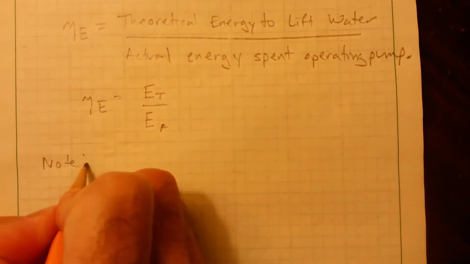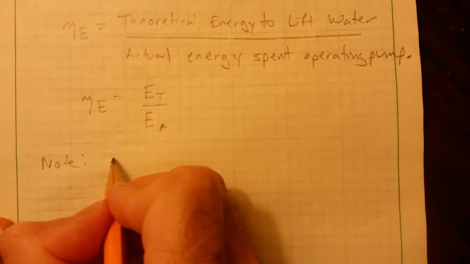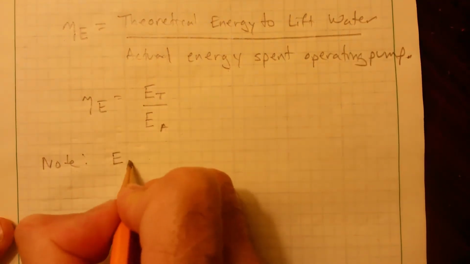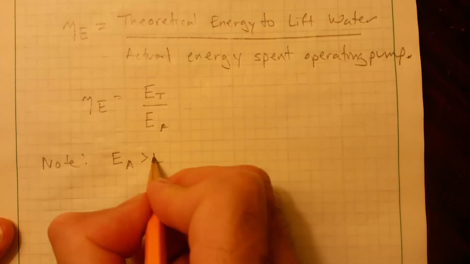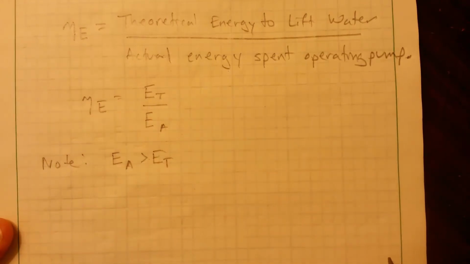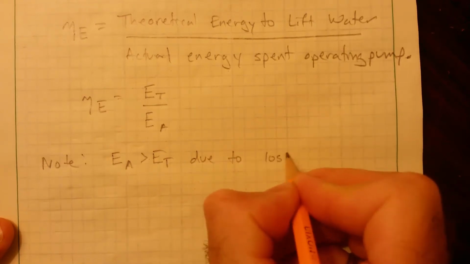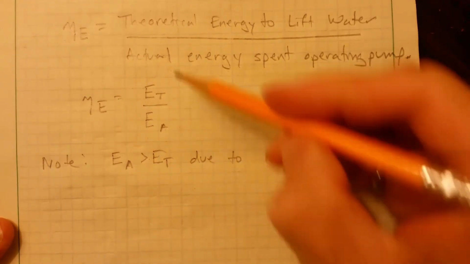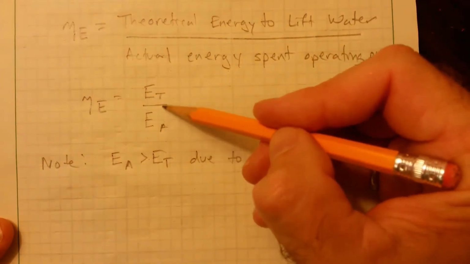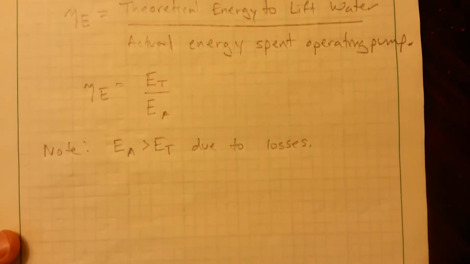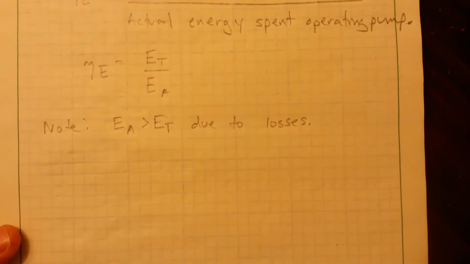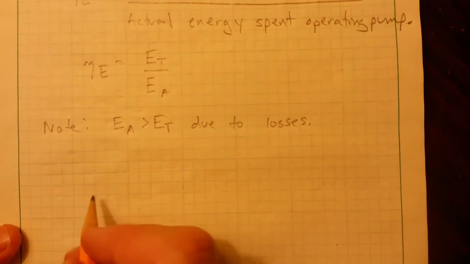So let's do a reality check here. The actual energy is going to be greater than the theoretical energy due to losses. That means that this number is never going to be bigger than 1, and that's the correct definition of efficiency. And why is that?